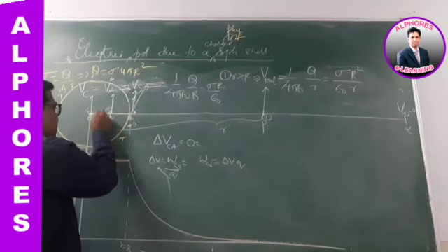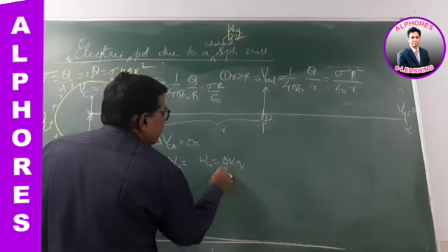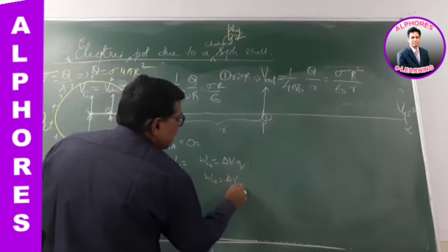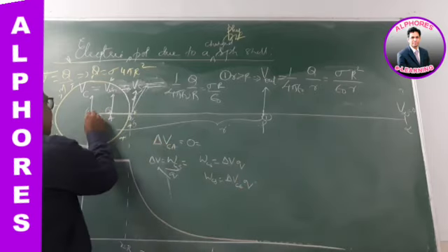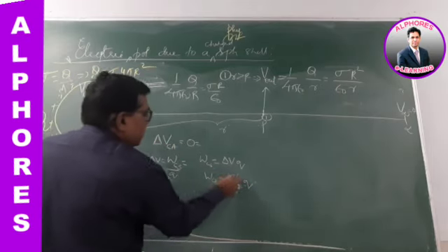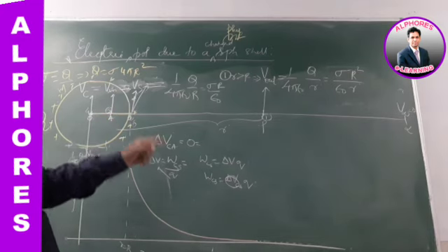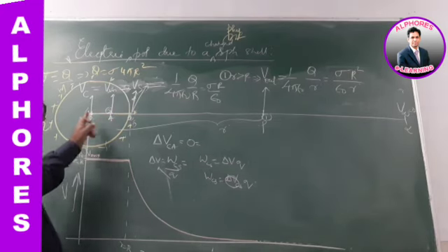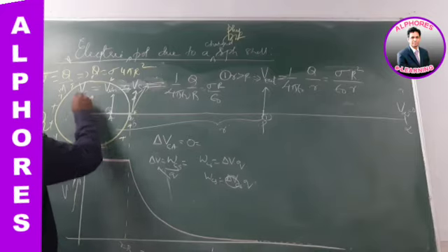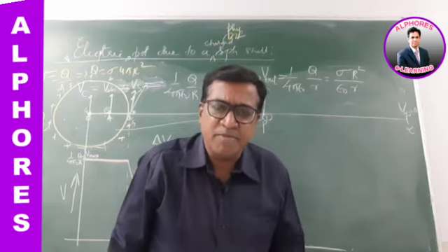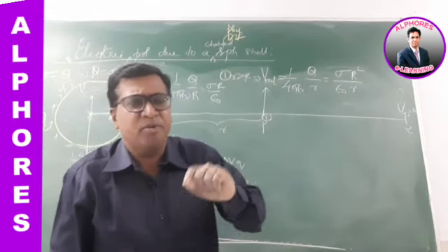So work done in moving from center to surface is the potential difference between center and surface into Q. But the center and surface are at the same potential, so the difference is zero. There is no work done in moving a charge from center to surface. There is no potential difference between any two points. What is the work done to move a charge from one point inside the sphere to another point inside?